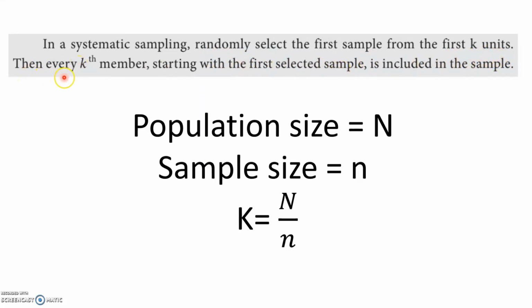Then every kth member starting with the first selected sample is included in the sample. So that's what we did. Your population size is N, your sample size is n, then k is N by n, and every kth member is your sample. You can choose the first number from anywhere in the first k units.